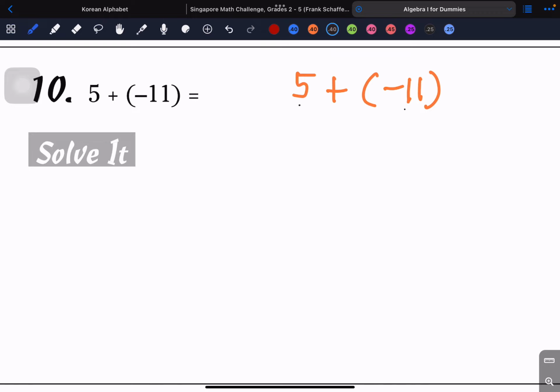So identify the bigger number. That's 11. But with 11, we have the negative sign. So automatically, our final answer should be negative.